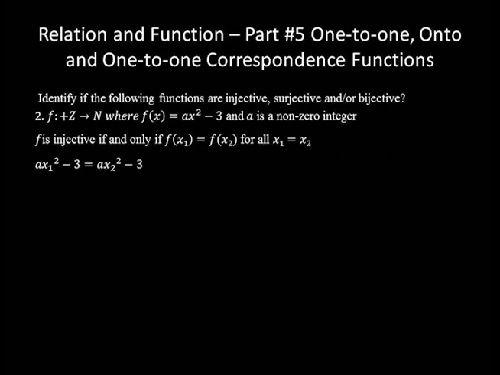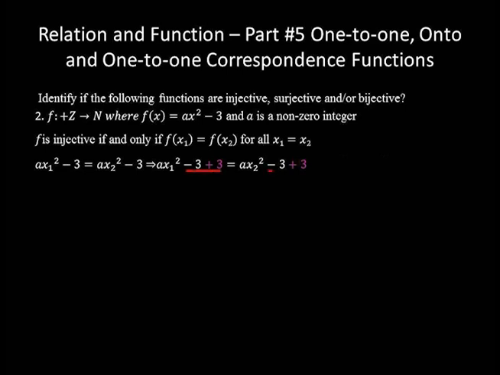To eliminate minus 3 from the equation, let's add 3 to the equation. This implies ax1 squared minus 3 plus 3 equals ax2 squared minus 3 plus 3.